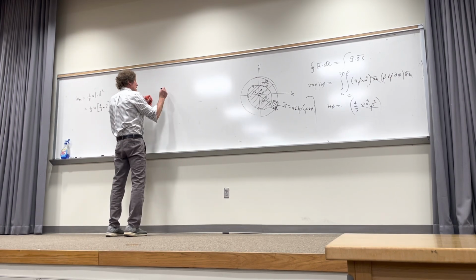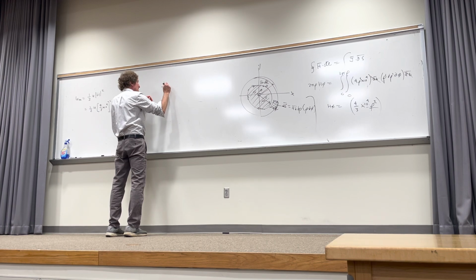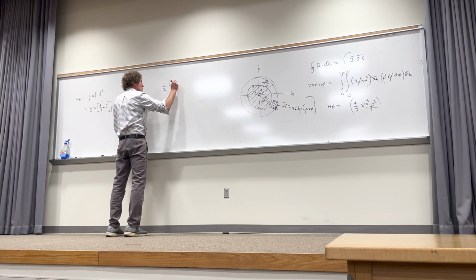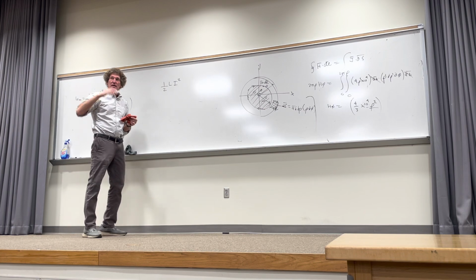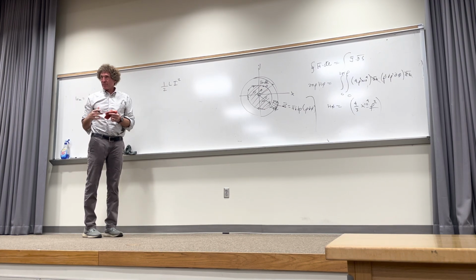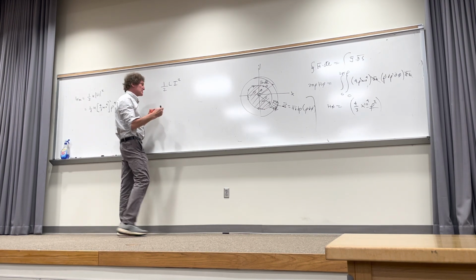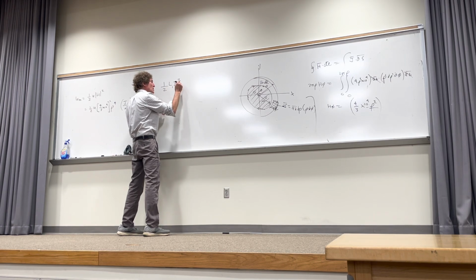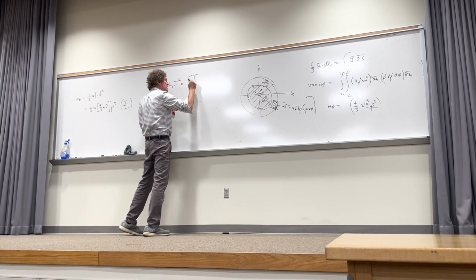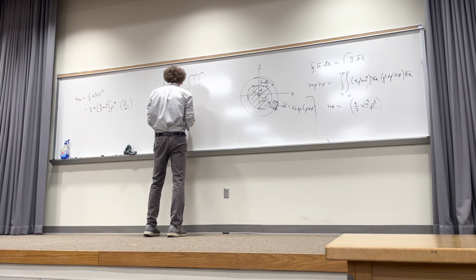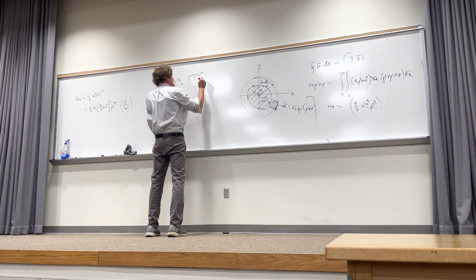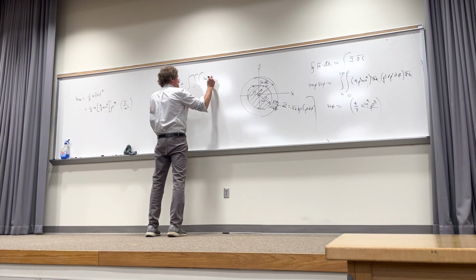So now, I come down to this. 1/2 L i squared, where i would be the total current that's flowing in that, and L is going to be the self-inductance or internal inductance per meter, would be equal to the integral, a triple integral technically, of the energy density times the volume.